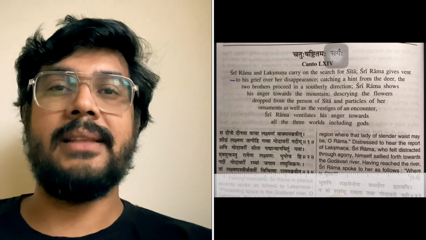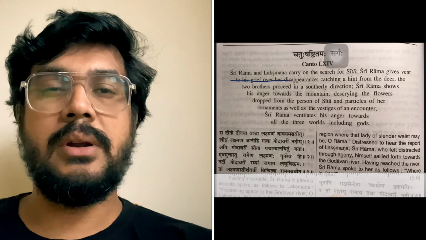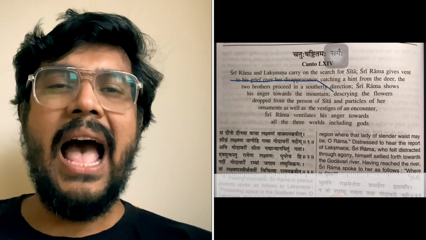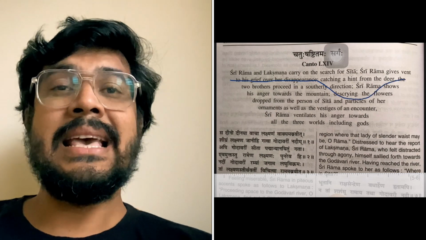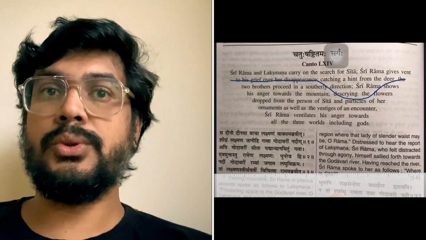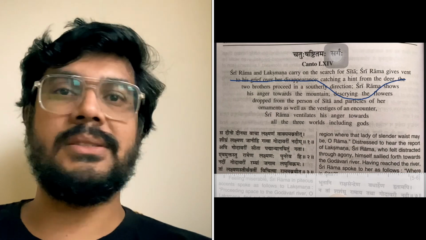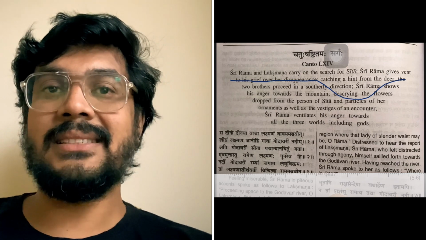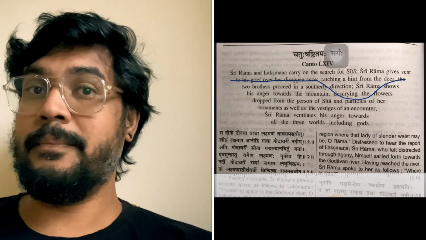So I'm very slow. I'm trying to read the first sentence, Sri Ram and Lakshman. And then after search, the scope of reading just opens up. So I'm trying to concentrate on the first few words, and then my concentration goes haywire. So in the process, I may read search and catching as searching for a hint.